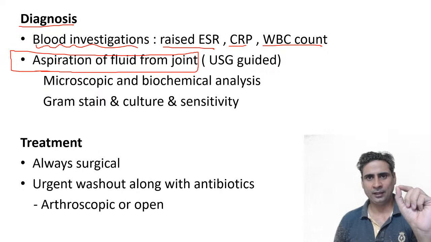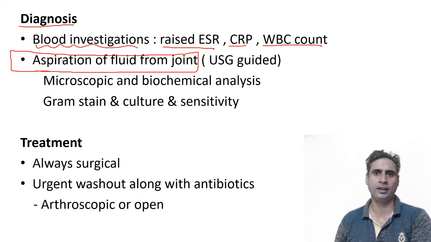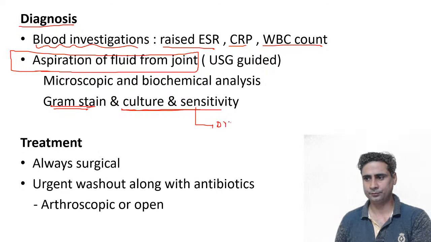In biochemical analysis, the fluid will be almost opaque, yellow-green in color with decreased viscosity because of destruction of hyaluronic acid. And in microbiological examination, gram stain will be positive. Most of the time gram positive bacteria, that is staph, and then we will send it for culture and sensitivity, which is the diagnostic for infection.